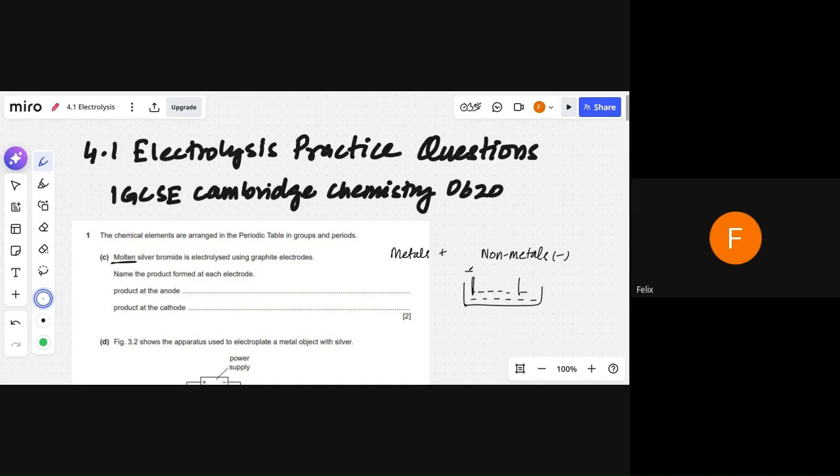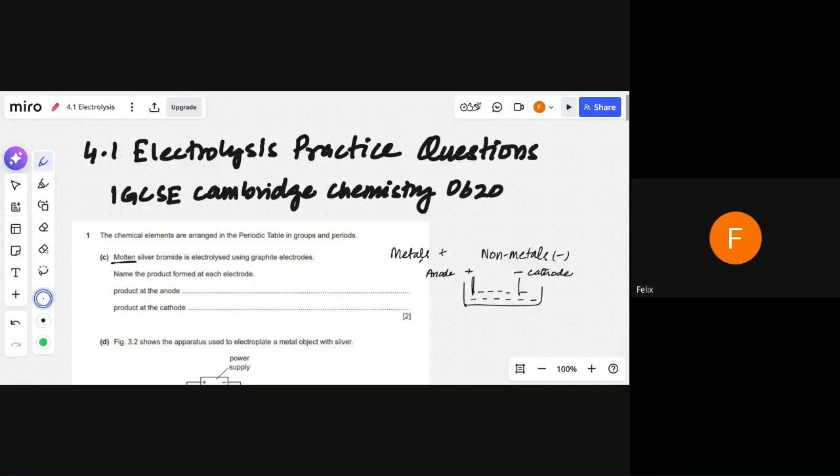In these electrodes, let's label this one positive and this one negative. So this is our cathode. What you need to remember is that the cathode contains a negative charge, and the anode contains a positive charge.